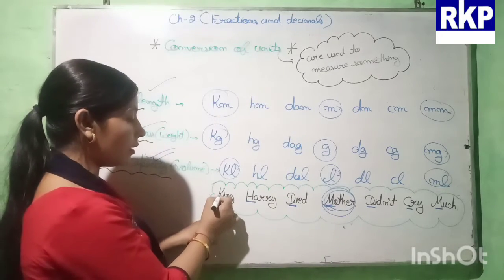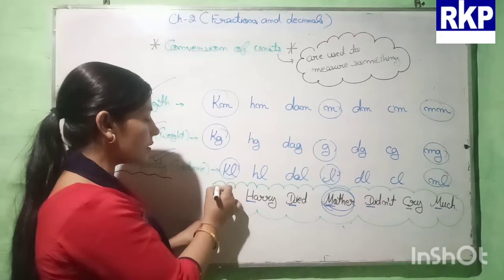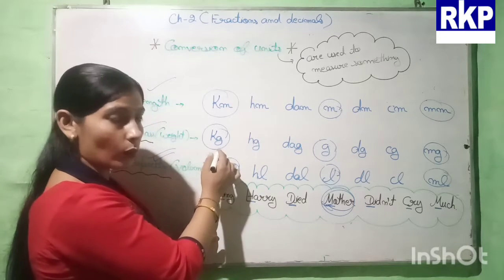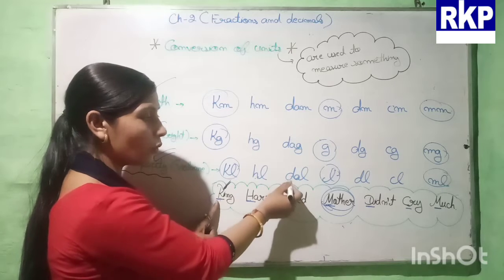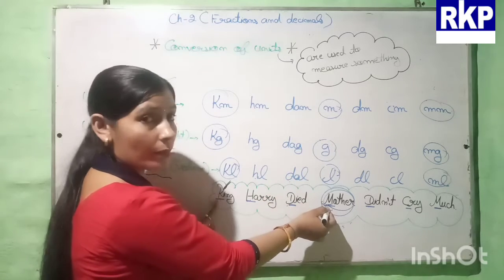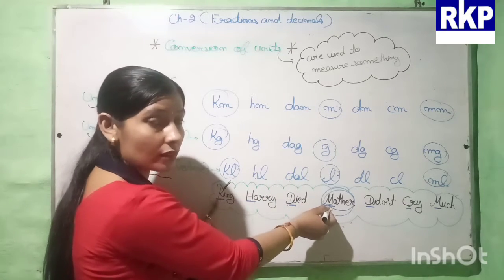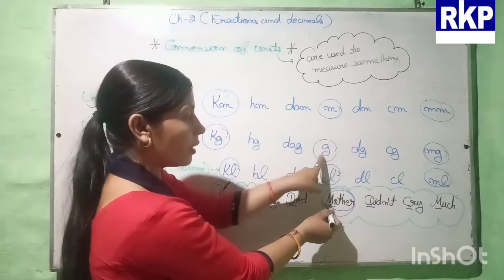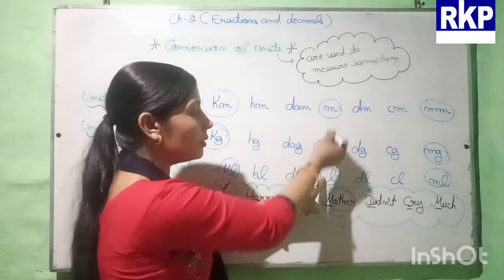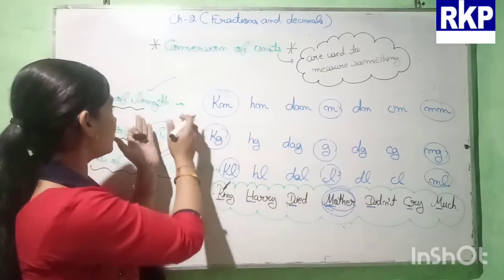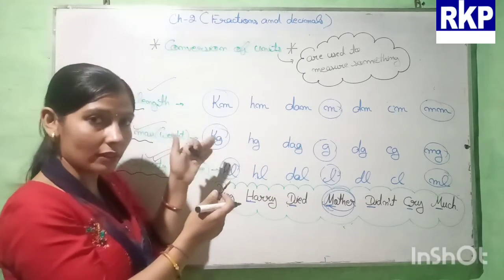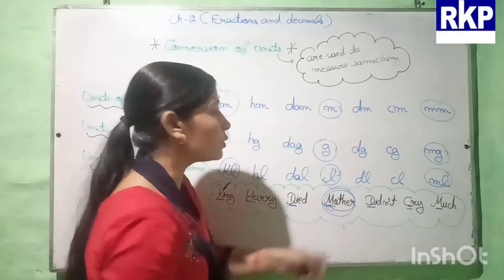King, here is written K, for kilo, H for hecto, D for deca, M for meter, but here gram and liter are also in between. If we want to write the units of length, we will use meter.